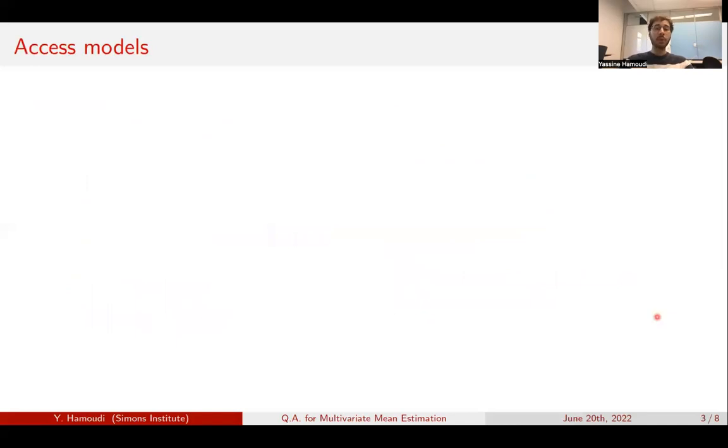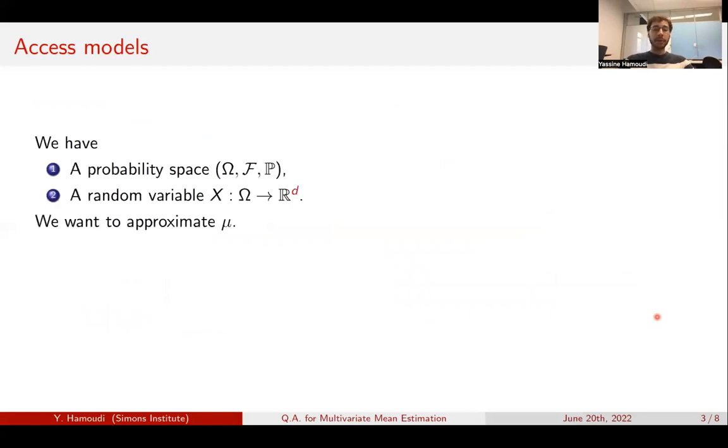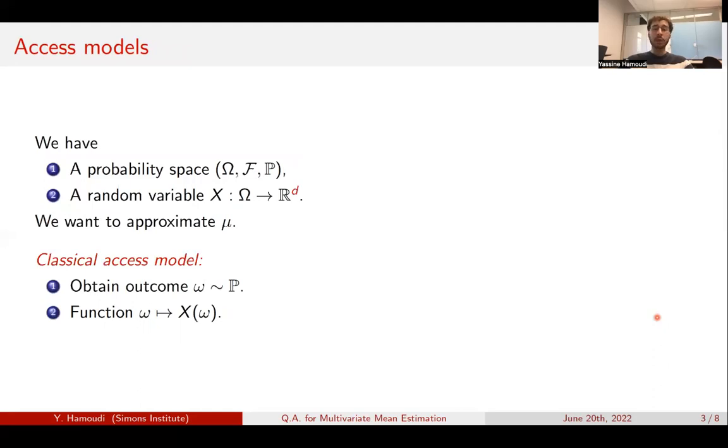So let me give you the input model that we will be considering. This is a reminder of the setup we have. First, classically, the usual access model used to study the mean estimation problem consists of obtaining outcomes from the input probability distribution, evaluating those outcomes according to the random variable x, and then observing the value of x(omega).